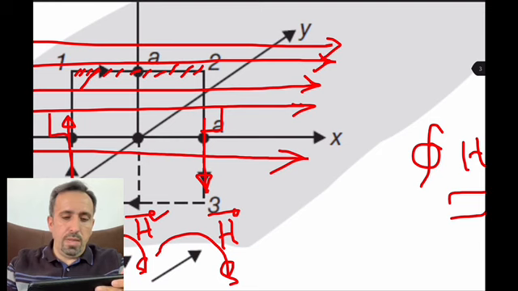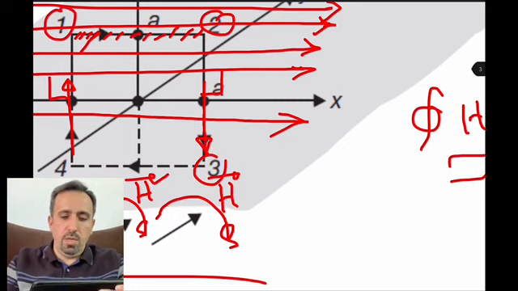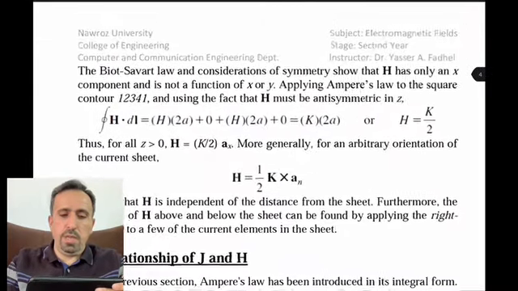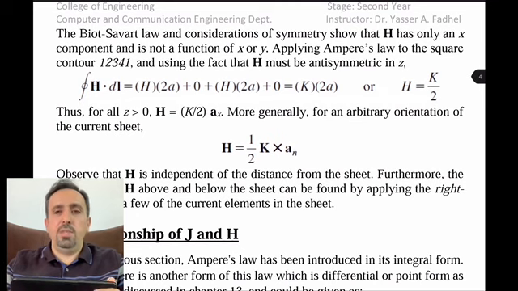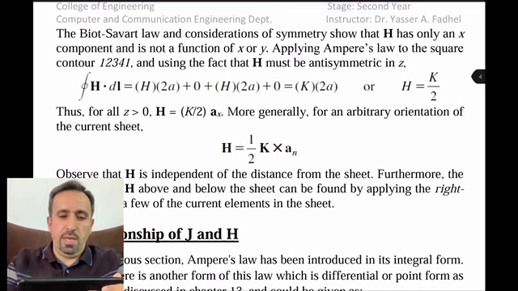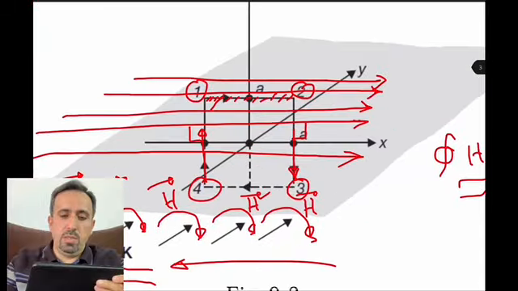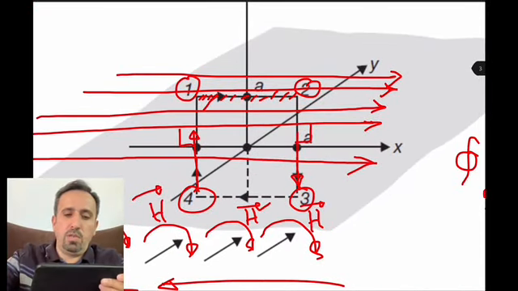So we expect a result just for the sections from 1 to 2 and 3 to 4. For that reason, it has been solved like given here. The closed integral of H dot dl equals H times 2a. Why 2a? Because the length of the line is 2a. If you get back to the dimensions, the length from 1 to 2, for example, is 2a.